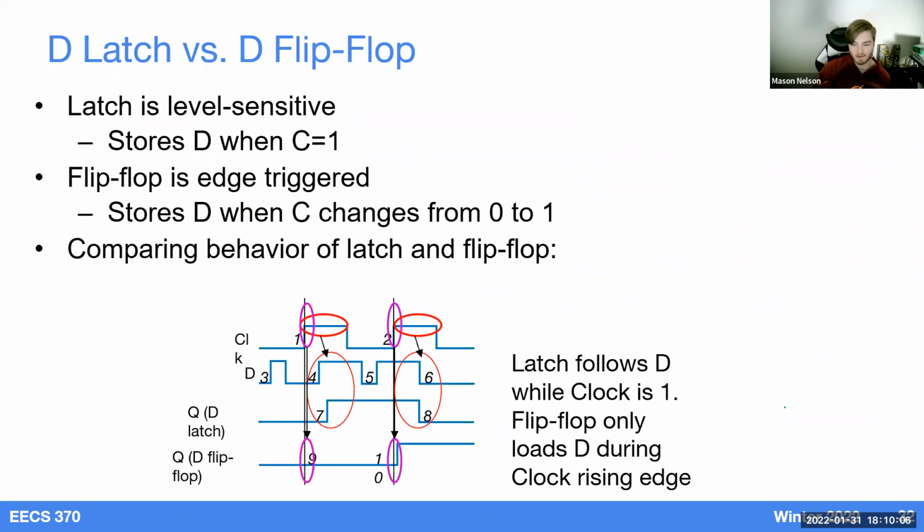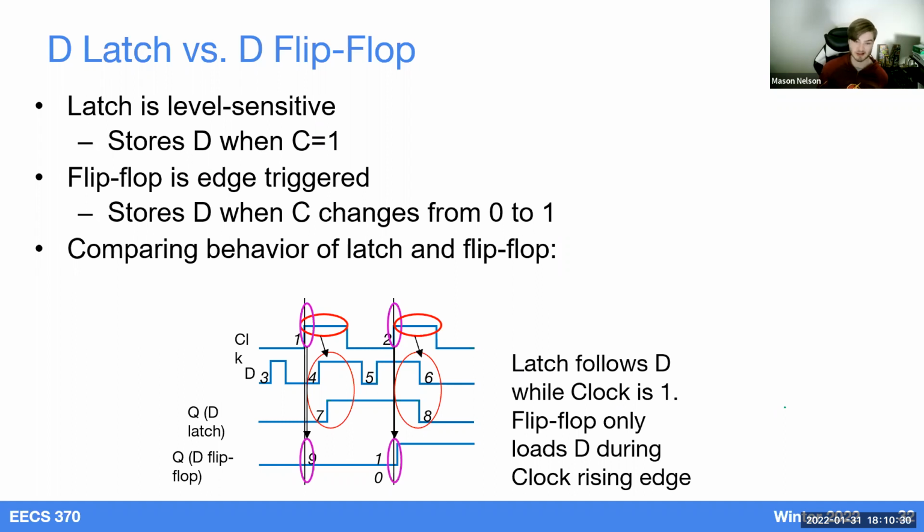And so the main difference between the latch and the flip-flop is that a latch, we're going to call this level sensitive because the output could change whenever the enable is at a level of 1. But the flip-flop is edge triggered, meaning it's only going to change when our enable bit is going from a 0 to a 1.